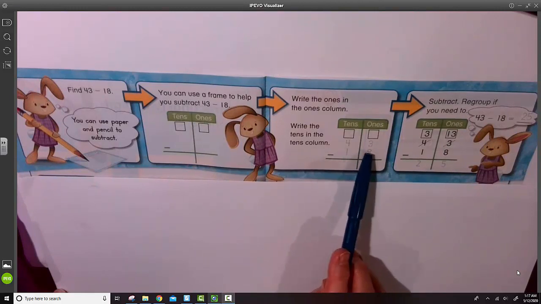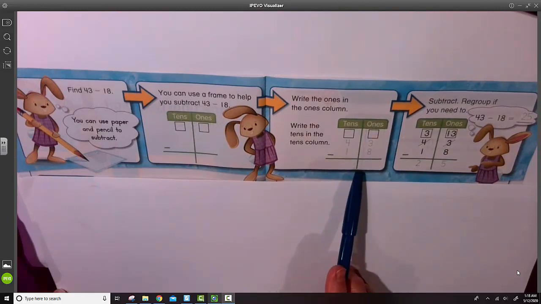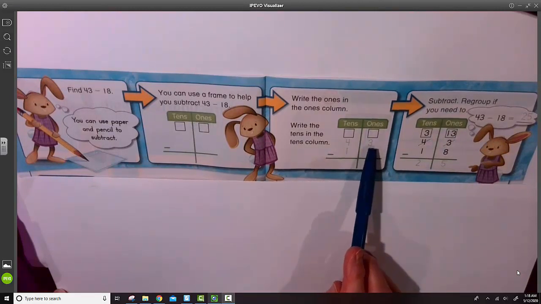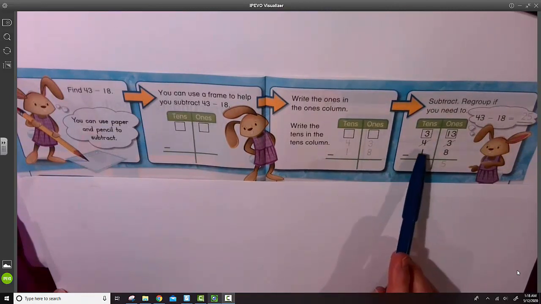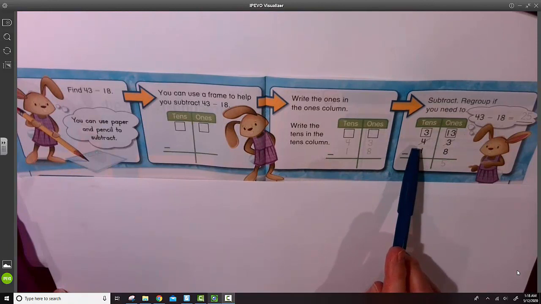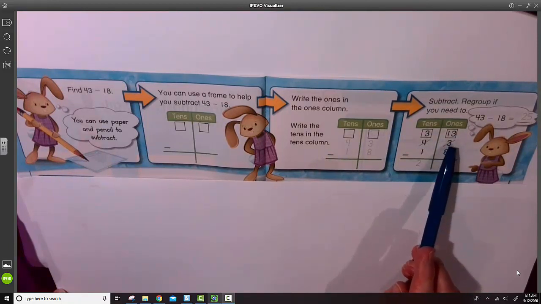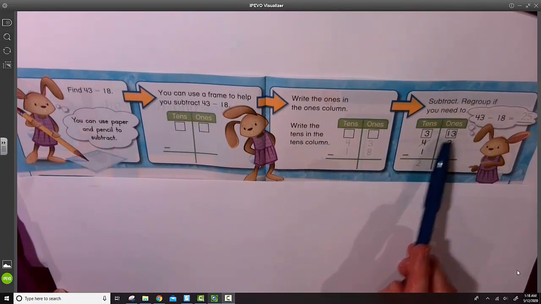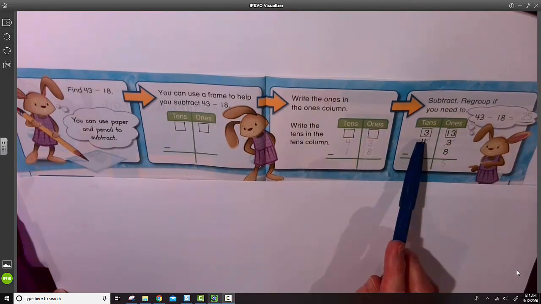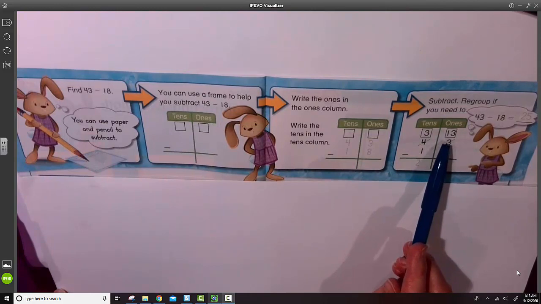So now we see 43 minus 18 in the frame. 3 cannot subtract 8. So again, we must regroup. We change one of the tens into 10 ones. So now we have 13 ones and 3 tens. That still equals 43.